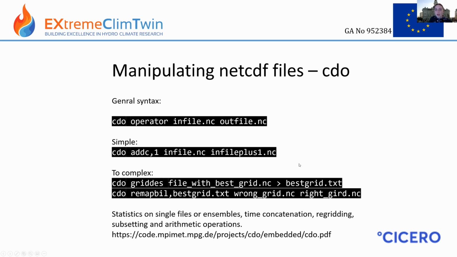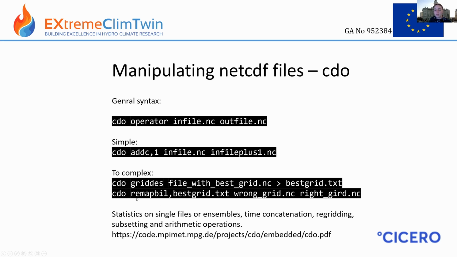That's a really simple thing you can do, but you can also do really complex things like regridding your data. So what you can do is cdo and then get a grid description from a file with the grid that you want, and send it to a new grid description file. So this is the grid description file then. And afterwards, you do remapping.